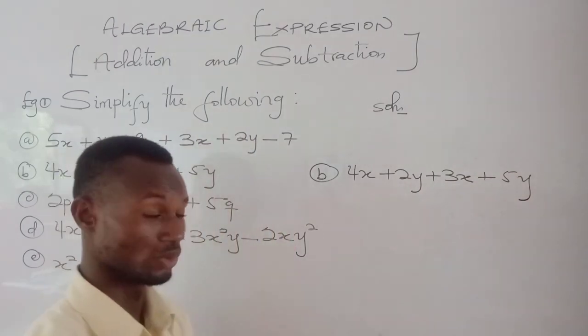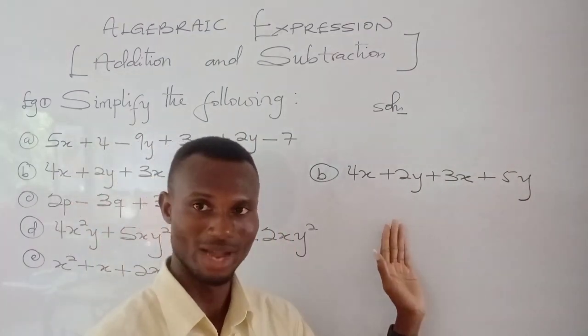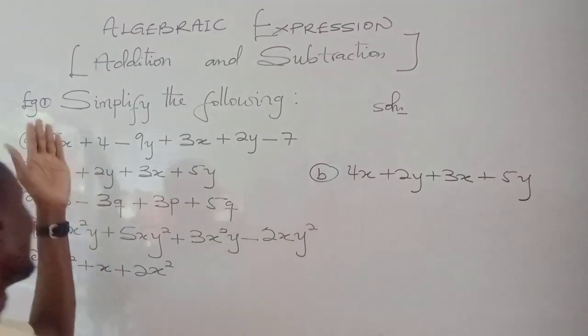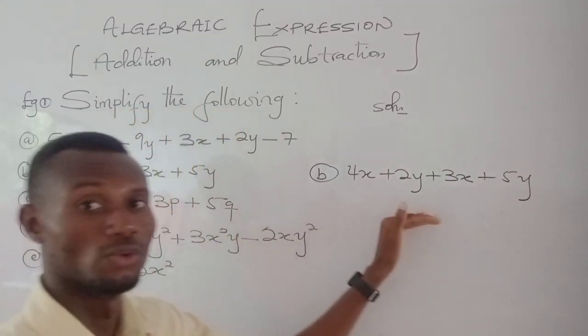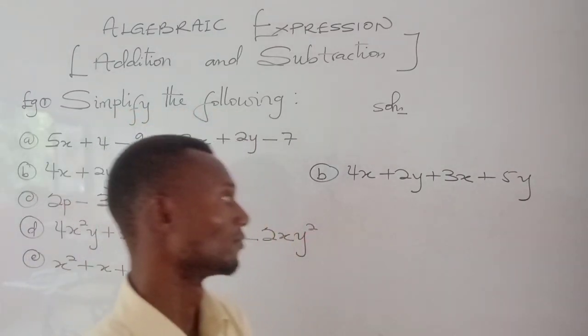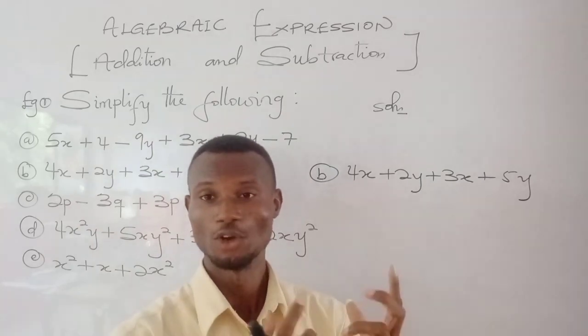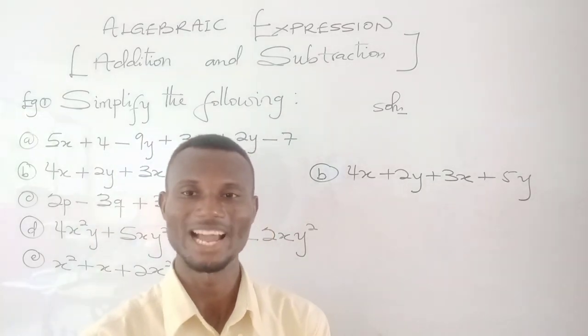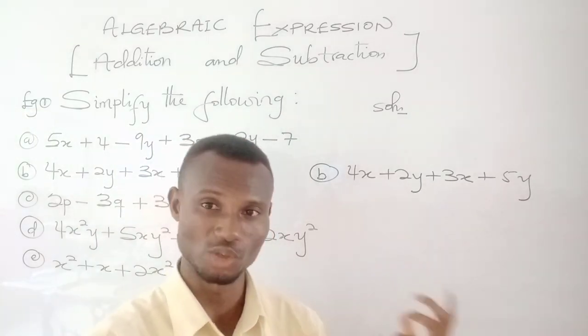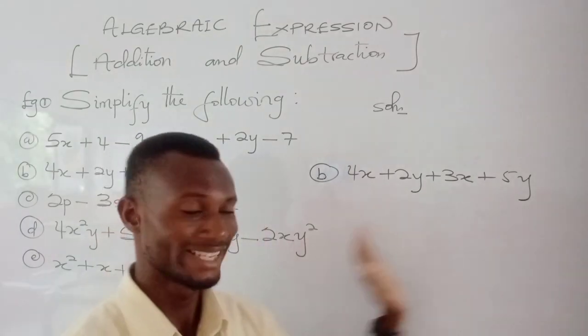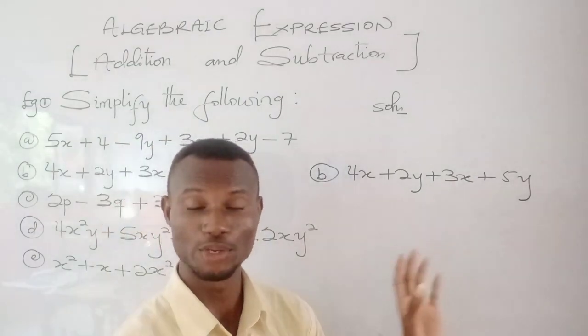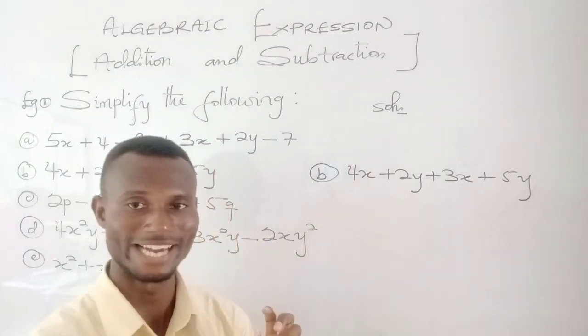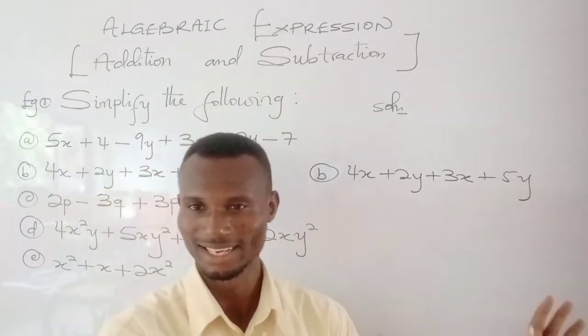So we have to simplify this one, because the question says simplify the following. Now, we have to first group like terms because we have different variables mixed together in it. We have s in it, we have y in it, so we are going to group all the s at one side and all the y at another side.